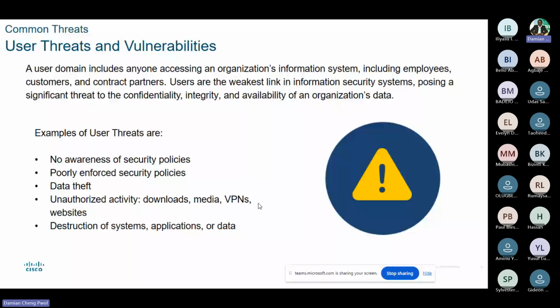User threats and vulnerabilities. A user domain includes anyone accessing an organization's information system, including employees, customers, and contract partners. Users are the weakest link in the information security system, posing a significant threat to the confidentiality, integrity, and availability of an organization's data.